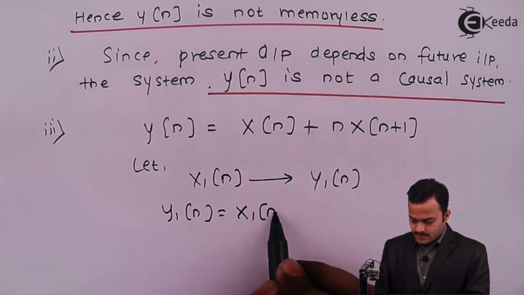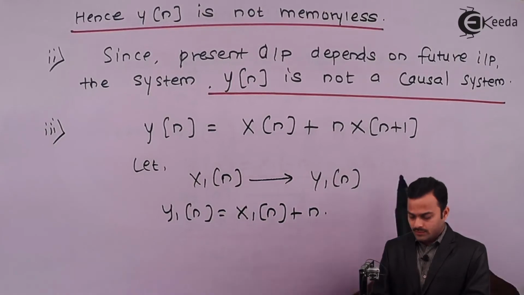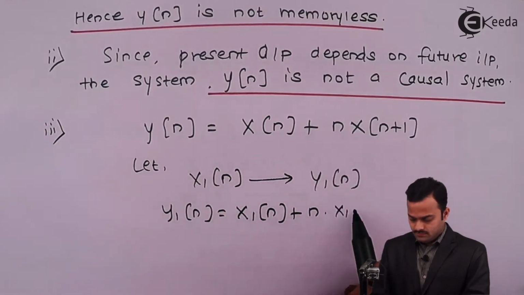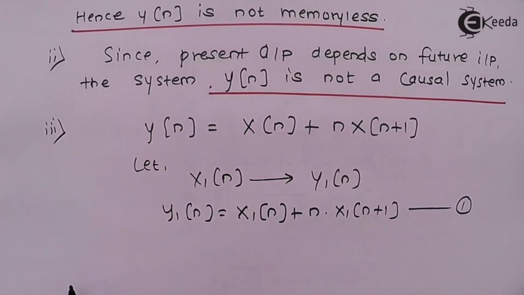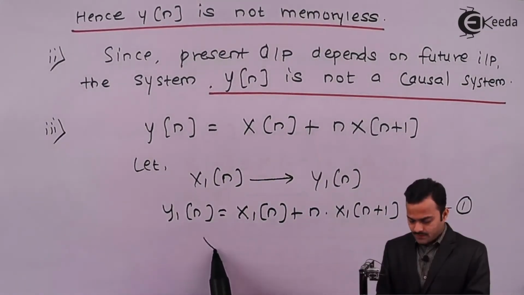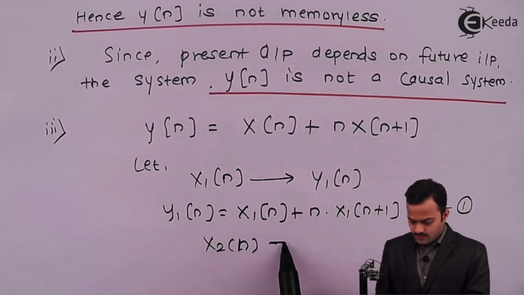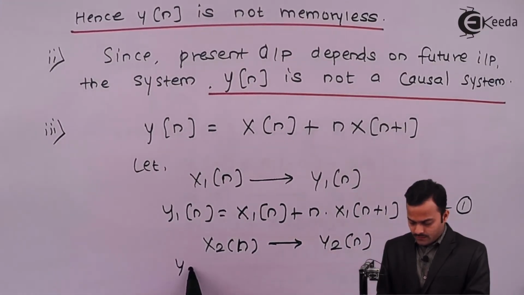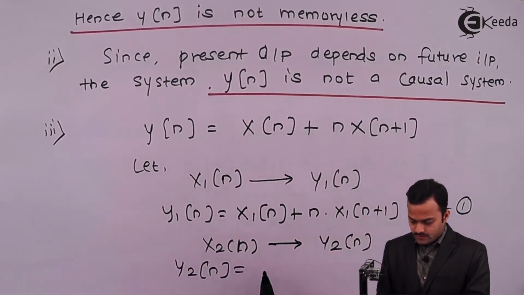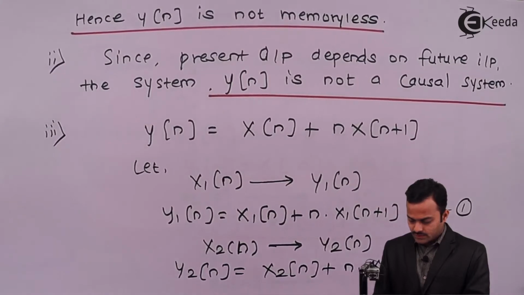Signal as it is plus shifted version of input multiplied by n. So this is the first equation I obtained. For the second input, output is y2n, and y2n is also given by signal as it is plus n is getting multiplied with a shifted version of the signal.